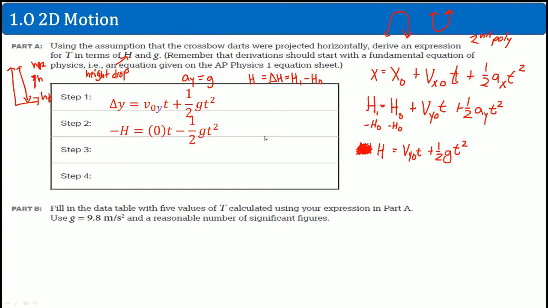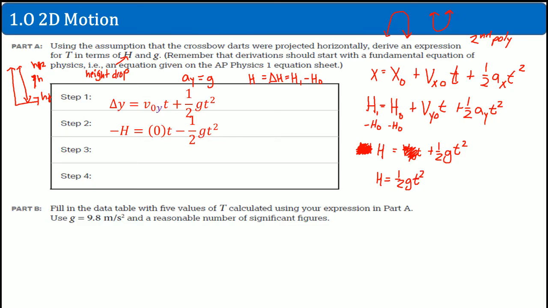Okay, so we could finish this. We know that the velocity in the y direction is 0, so this goes to 0. So you have h equal to 1/2 g t squared.